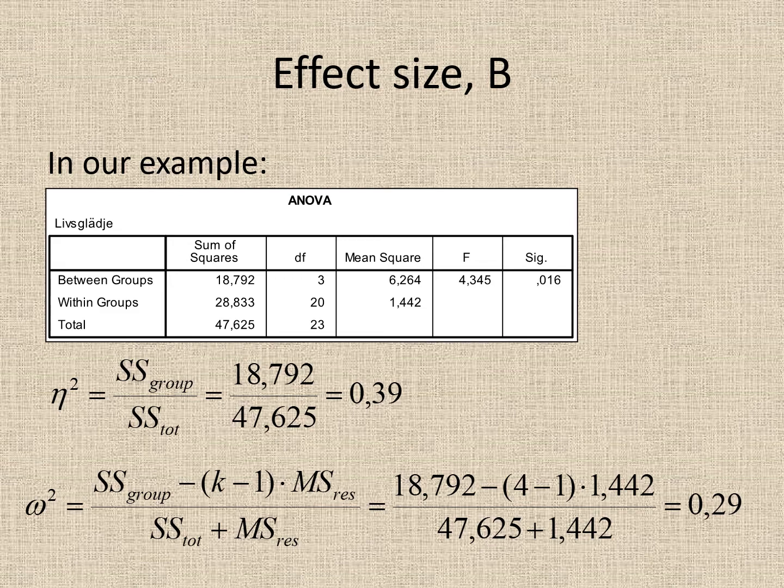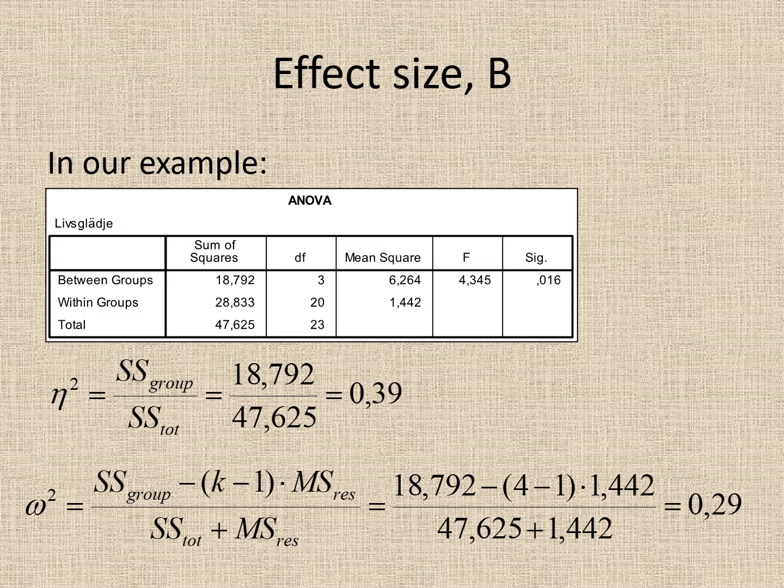It says that 39% of the variance in life satisfaction is explained by which treatment you get. 39% of the variance in the dependent variable can be explained by group membership. If we calculate this omega squared instead, it becomes somewhat lower. It says we have 29% variance.